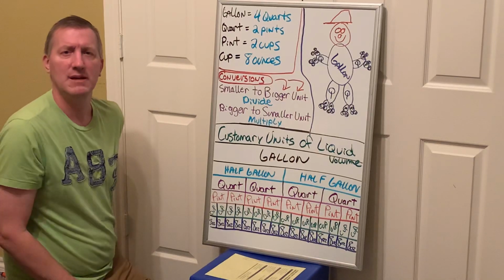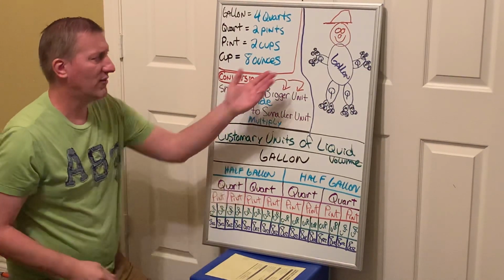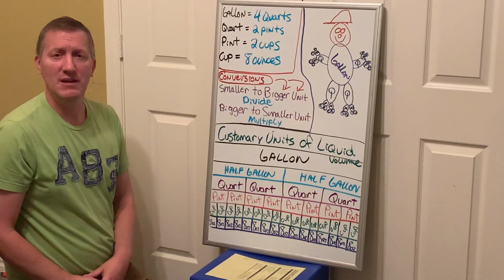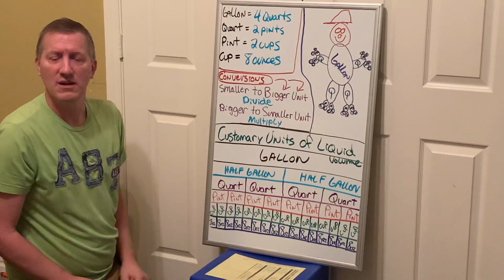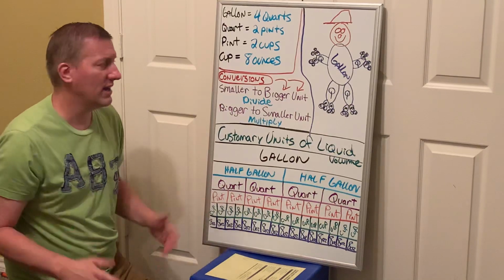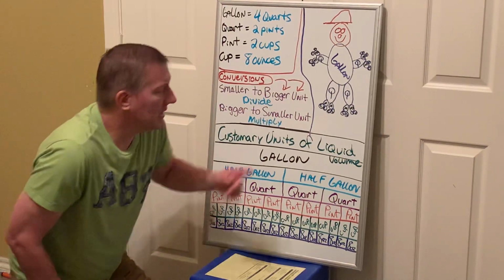If you're doing a recipe and it calls for 4 cups of something, you know that 4 cups is the same as 1 quart of milk or butter or whatever it may be.